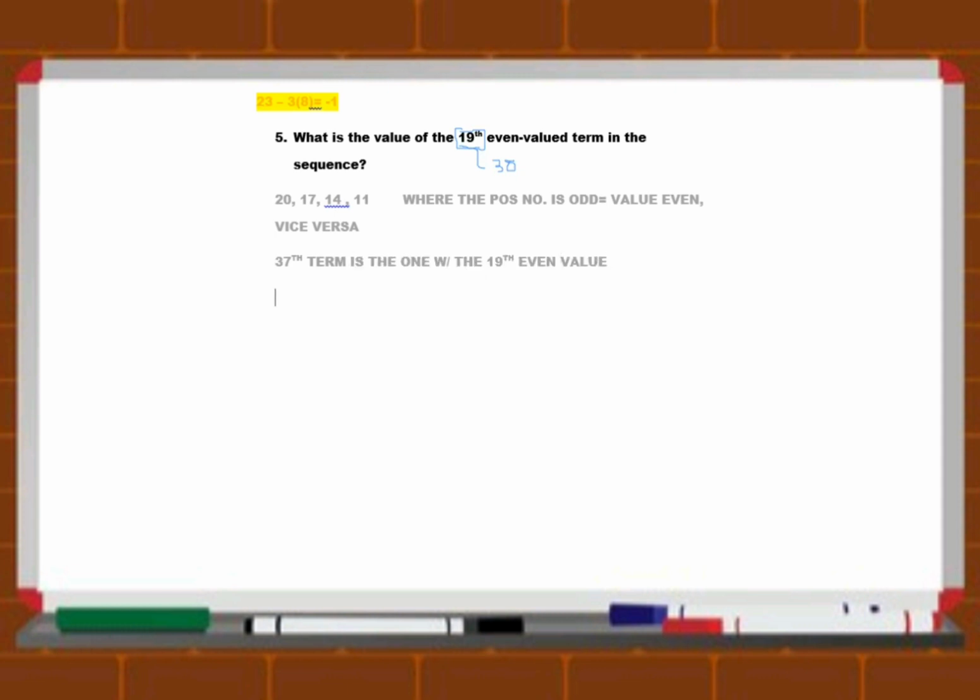You're going to say Tn is equal to 23 minus 3 times 37. It's going to be Tn is equal to 23 minus 111 is equal to minus 88.